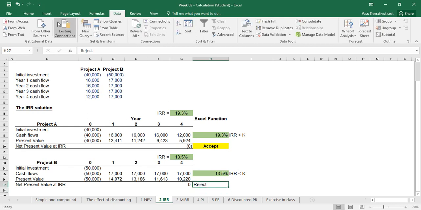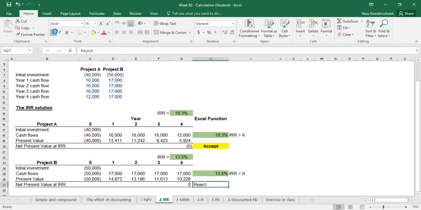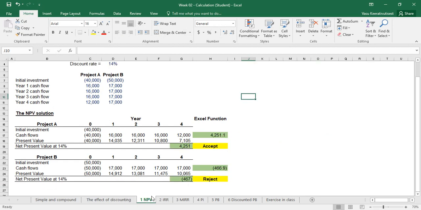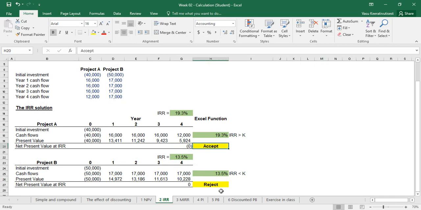So you can see that whether you use NPV or IRR, they guide you to the same decision at the end. Have a look, in the first NPV, accept A, reject B, and here is also accept A and reject B. Okay, so this is about the IRR calculation by Excel.